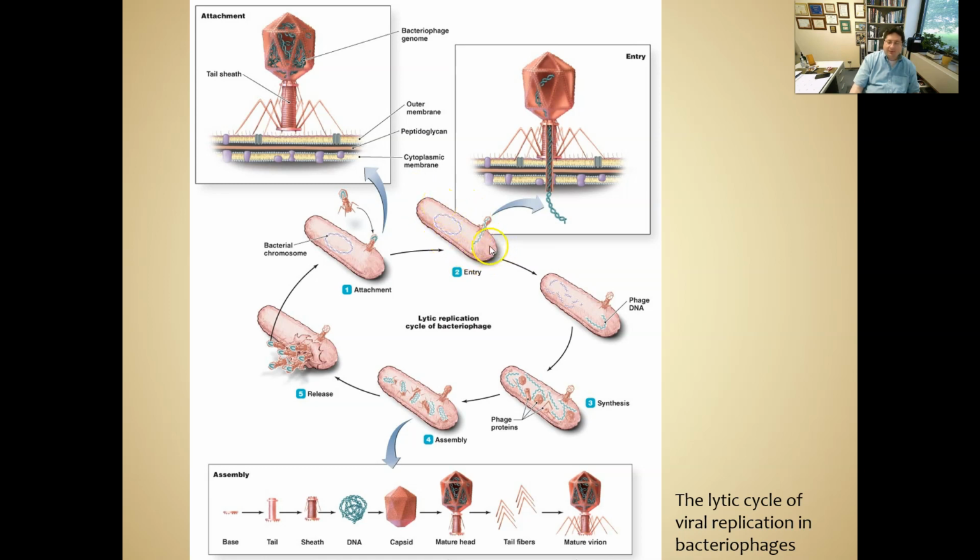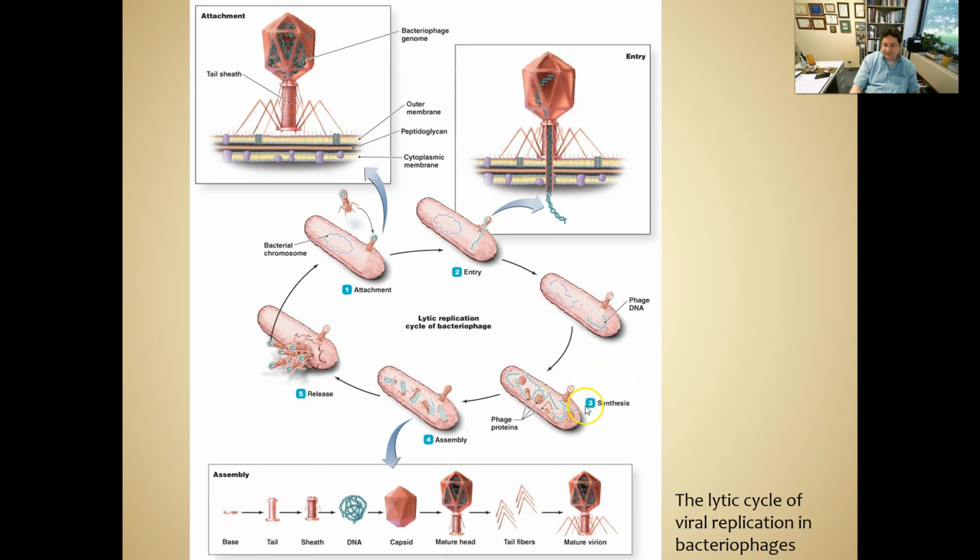Now, in step 3, the first thing that this virus's DNA does, notice the capsid just stays on the outside. It's now called a ghost. This viral DNA chops up the bacterial cell's DNA, and it now takes over the cell. It commandeers the cell. Once it chops this up, it starts making new viral pieces.